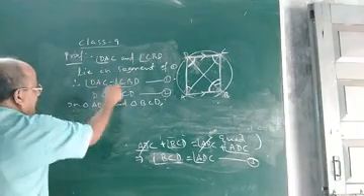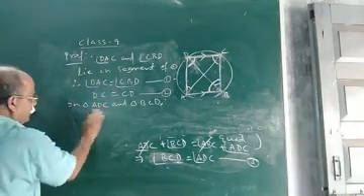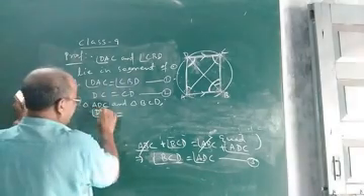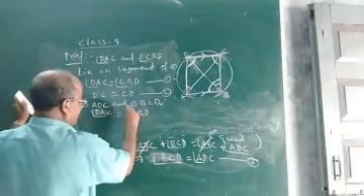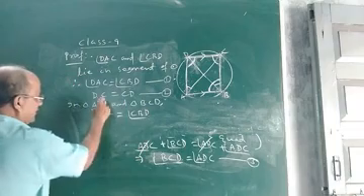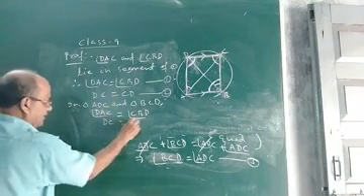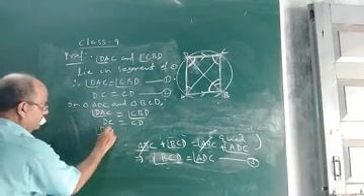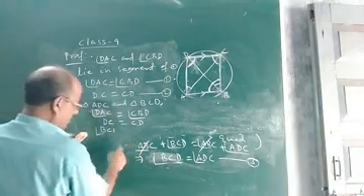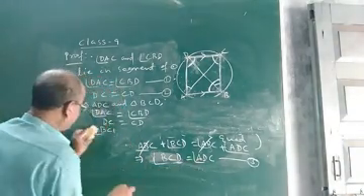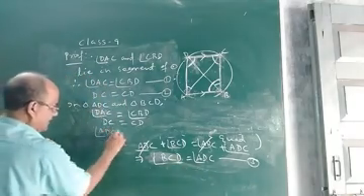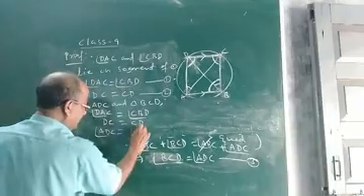You see, it is already written here. Angle DAC equal to angle CBD, already proved. Then DC equal to CD, it is already proved. And the third condition is here. First you write this one on the left side: angle ADC equal to angle BCD.